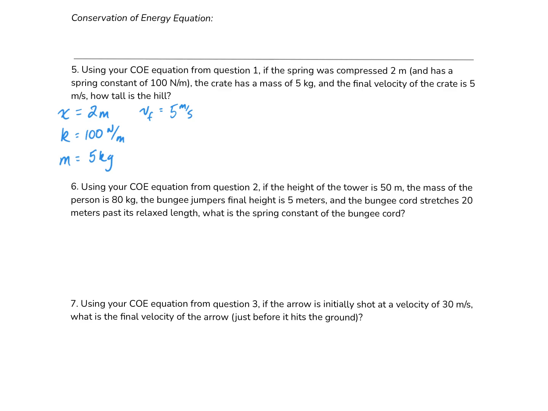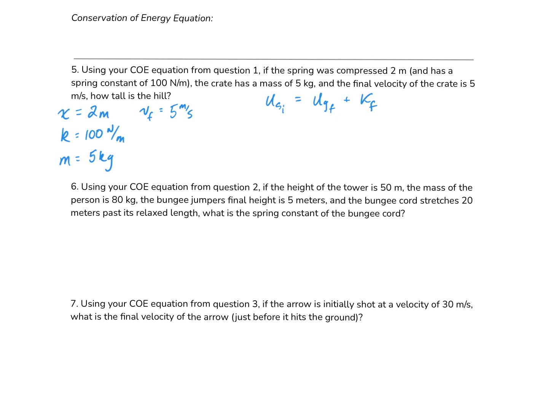Okay, so what we can do here is start out with that conservation of energy equation that we created. That's where we said that the elastic potential initial was equal to the gravitational potential final plus the kinetic final.